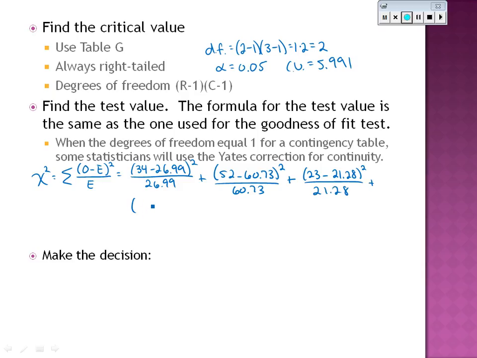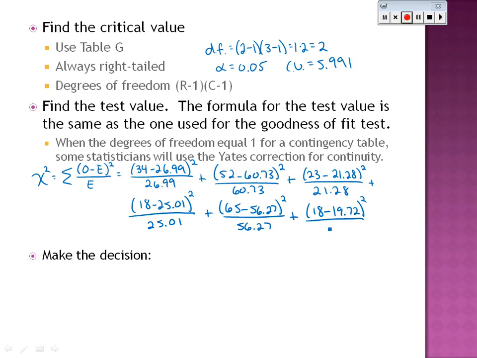Again, it's just the observed in the cell minus the expected for that same cell, quantity squared, divided by the expected for that cell. 65 minus 56.27 quantity squared divided by 56.27, and then we have observed of 18 minus 19.72 quantity squared divided by the expected of 19.72.